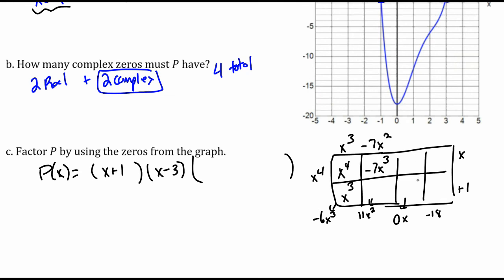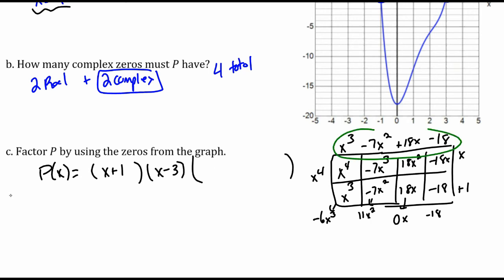That's good. I've got negative 7, I want to get back to 11. So I think that's 18 of them that I need up there. Minus 18. And that checks out.